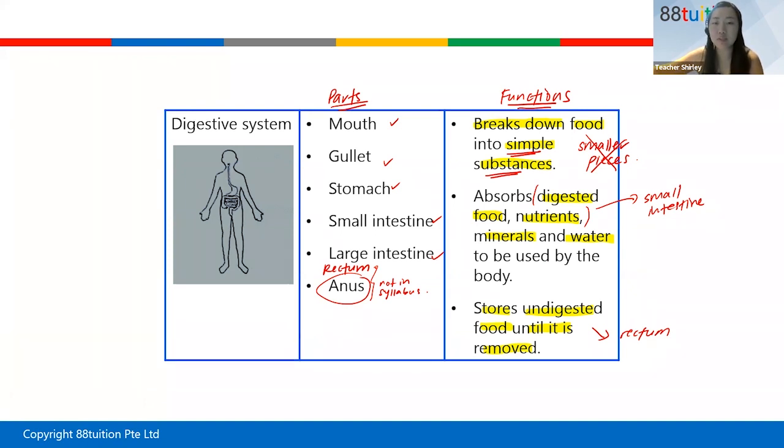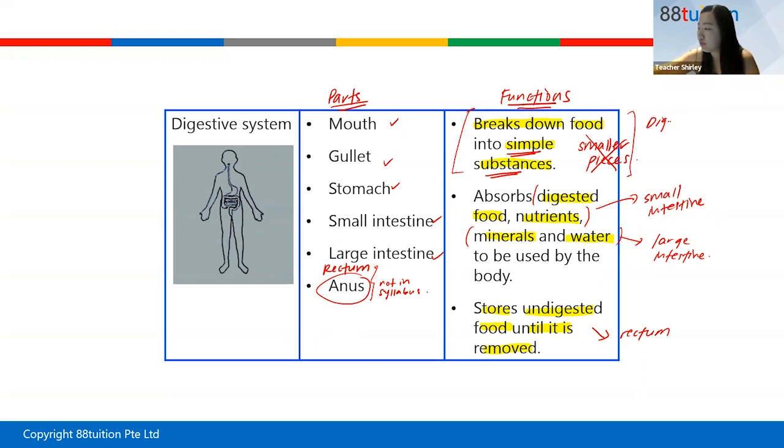Now, when we talk about minerals and water, we are talking about the large intestine, because the large intestine is the one that helps to absorb water into the bloodstream.